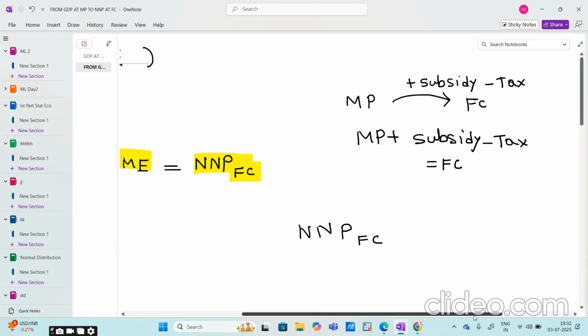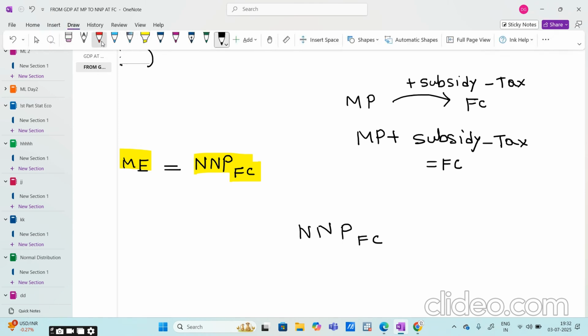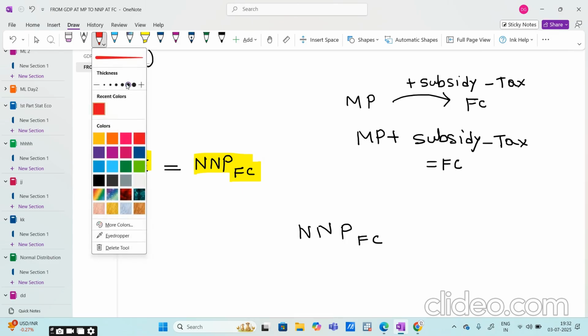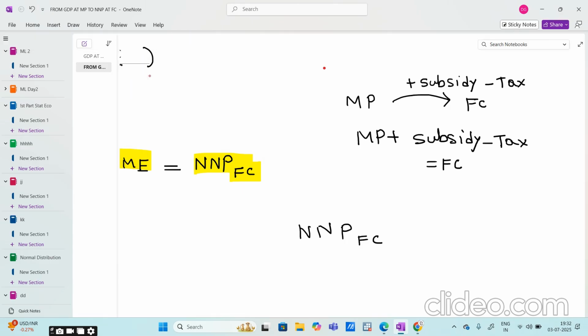This is the way in which we can go to factor cost from market price. We have to add subsidy to the market price and subtract taxes from the market price, and we can easily get the factor cost. I will also explain it with the help of numericals, so don't worry about that.